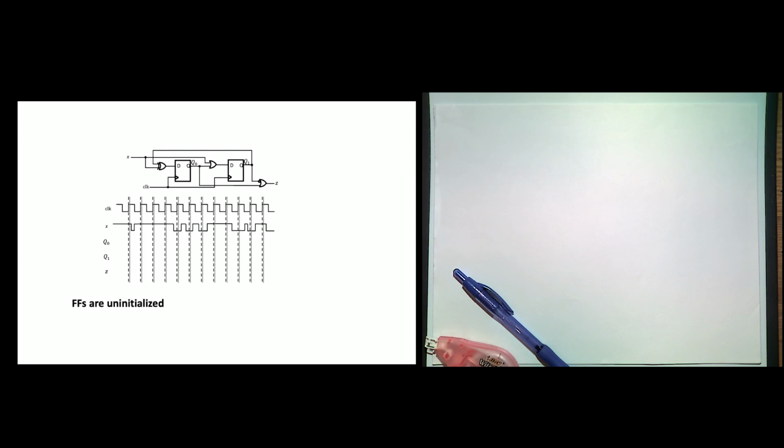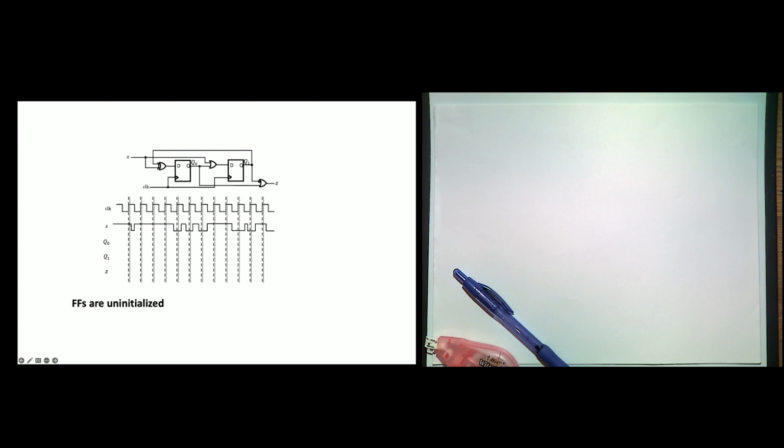As you recall, the flip-flops will load whatever value is on their D input at the clock edge. The clock edge here is indicated by the dashed line. The dotted line is when the flip-flop output will assume its new value.